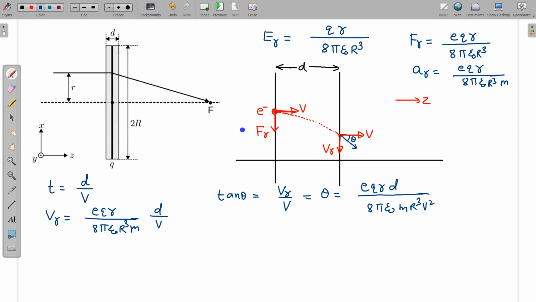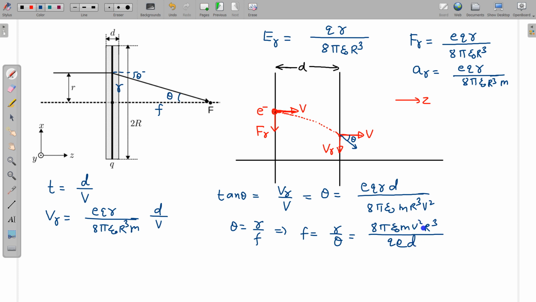Now we just have to calculate this distance. This is that deflection, this is that angle theta, this is r, this is small f. So theta is equal to r by f, and f is equal to r by theta. We can calculate r by theta using this also. It will give us 8 pi epsilon naught m v square r cube divided by, this r will go from here, so it will be QED.